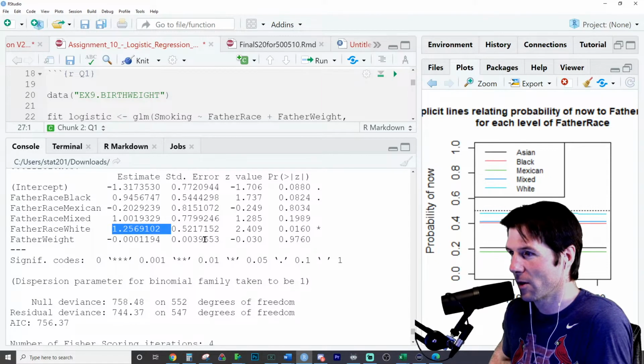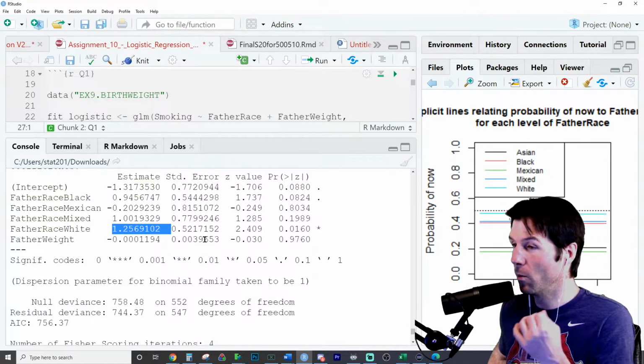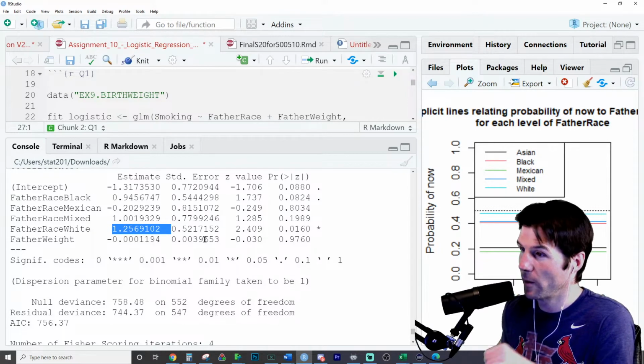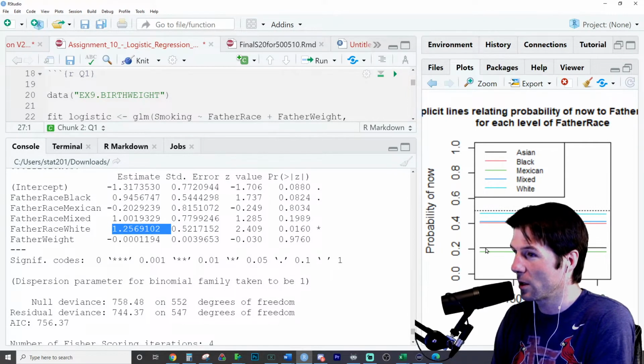With this right here, two fathers who are otherwise identical, but one is Asian and one is white. The father who is white is more likely to have a pregnant wife who is smoking now. And you can see this right here with the black and the light blue line, the teal line, I guess that would be. So we have the Asian line right here.